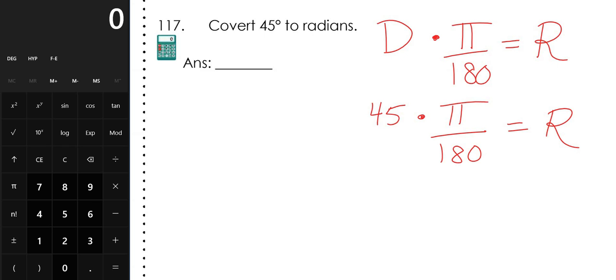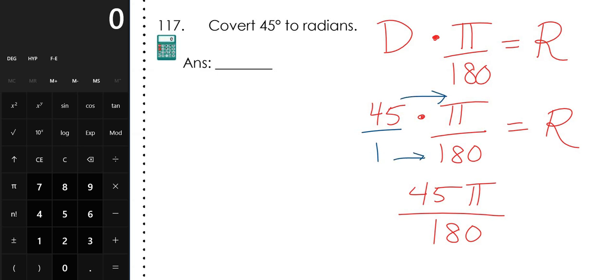So multiplying 45 times pi over 180, you're going to get 45 pi over 180. If you're not sure how we did that, remember you put 45 over 1 and you multiply across. And that gives you your radians. All we need to do is simplify this. So you want to think about what goes into 45 and 180.